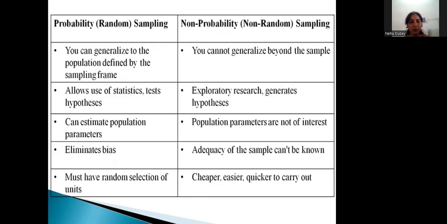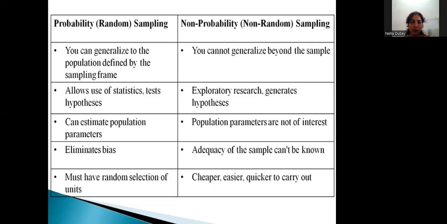Here we can summarize by differentiating between them. In probability or random sampling, you can generalize to the population defined by the sampling frame, whereas in non-probability sampling, you cannot generalize beyond the sample. Probability allows the use of statistical tests to test hypotheses, while exploratory research generates a hypothesis.